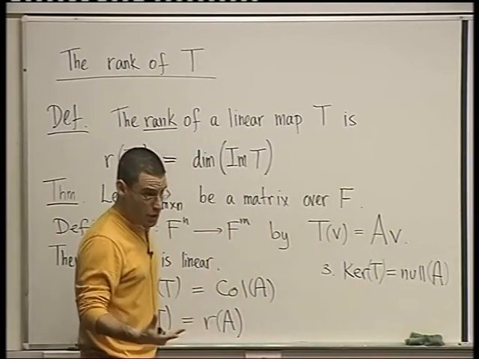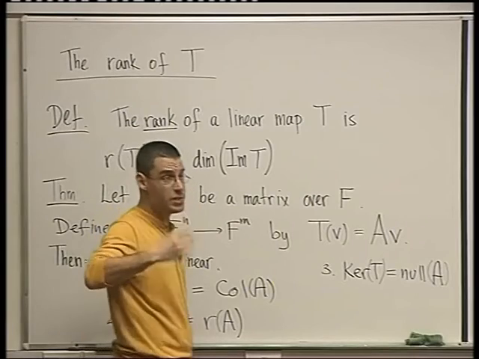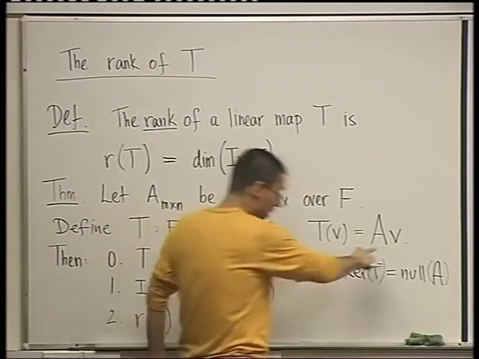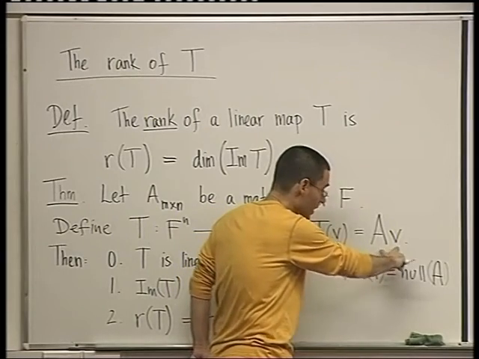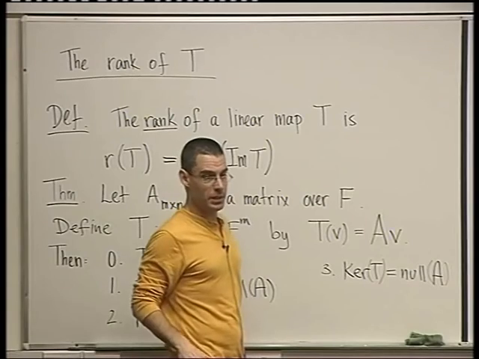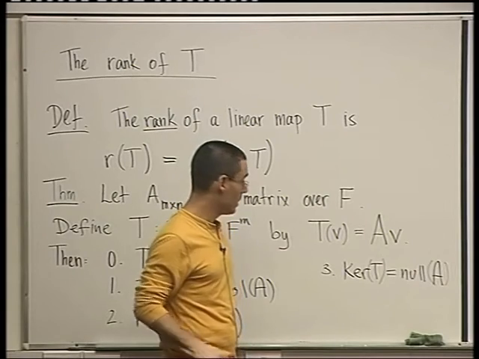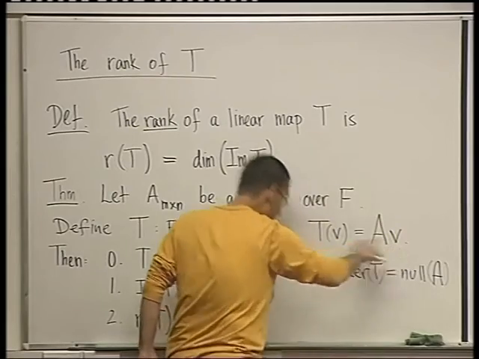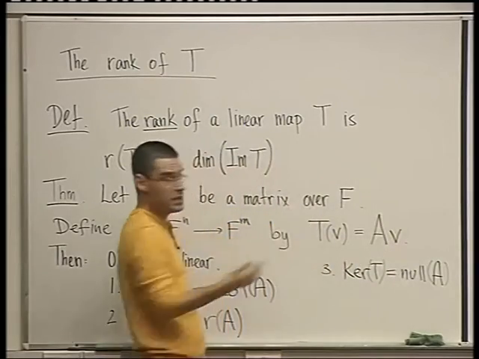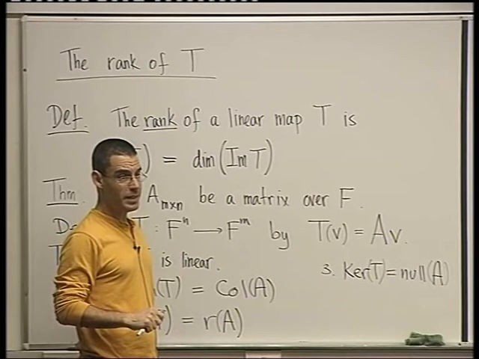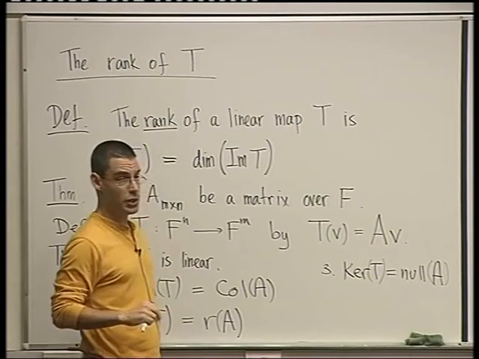It's the solutions to the homogeneous system AX equals 0. So it's precisely those V such that AV equals 0. That's what it means to be in the null space. AV equals 0 precisely means that T of V is 0, because T of V is defined to be AV. So it's just the definitions.